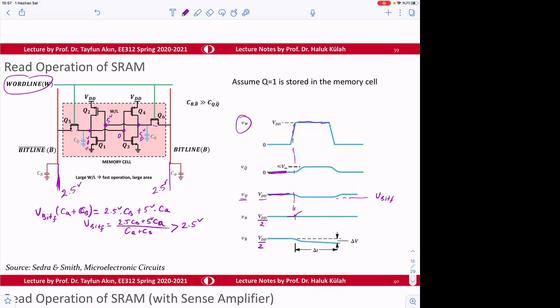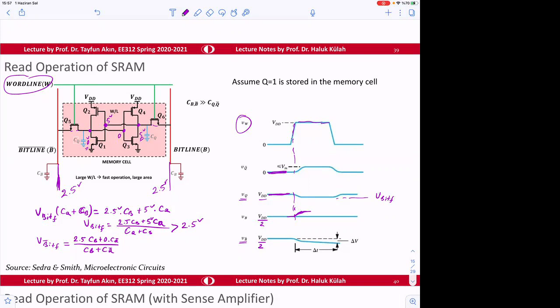Just maybe some millivolts. And while the other one, VB bar, V bit final bar, is going to be equal to (2.5 times CB plus 0 times CQ bar) divided by (CB plus CQ bar).